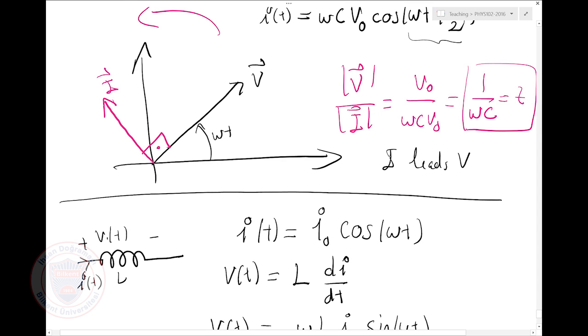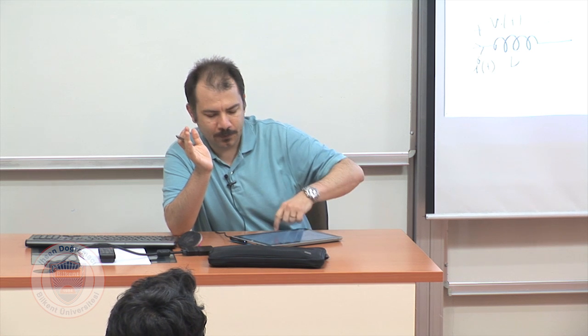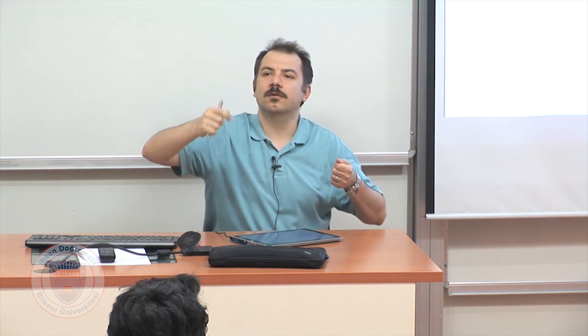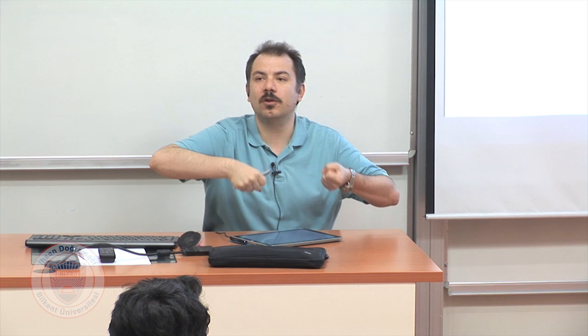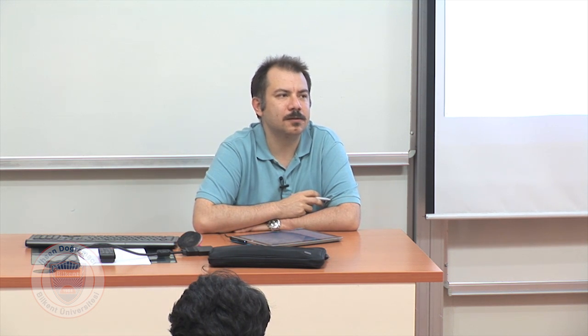What happens here is that the effective resistance we defined as impedance of a capacitor goes down with increasing frequency, while for an inductor, if you are at high frequencies, it acts more and more like a resistor. All right? Good.